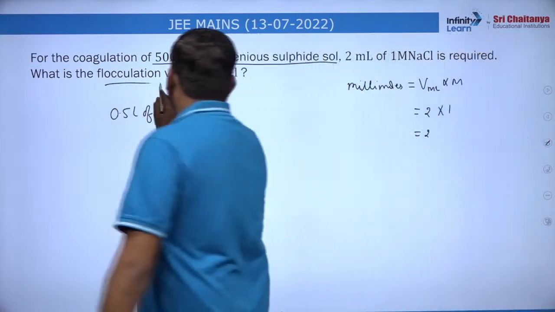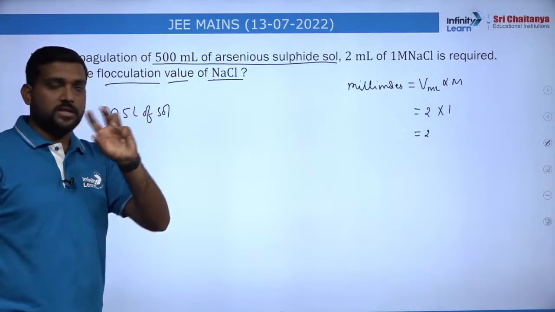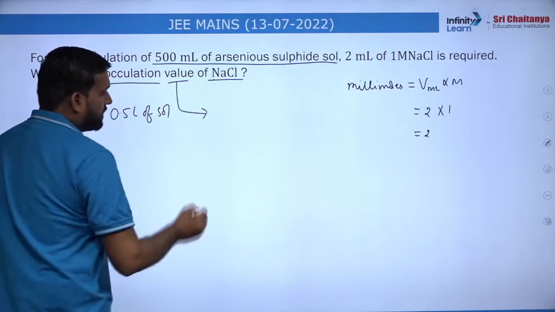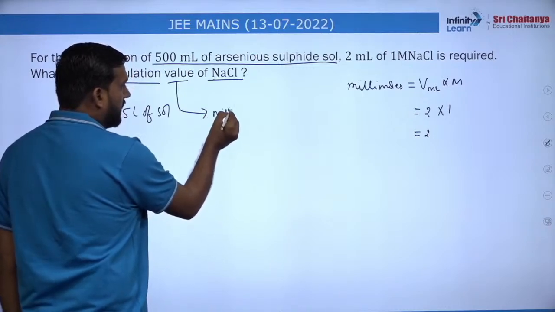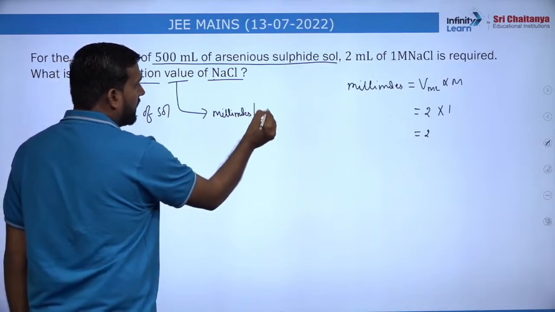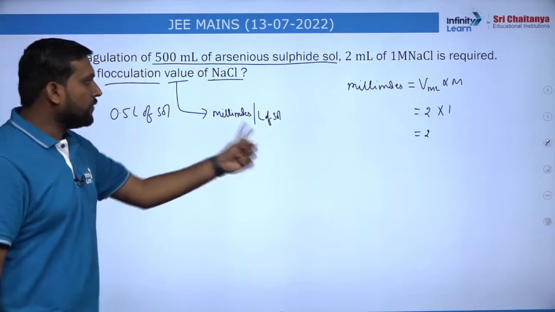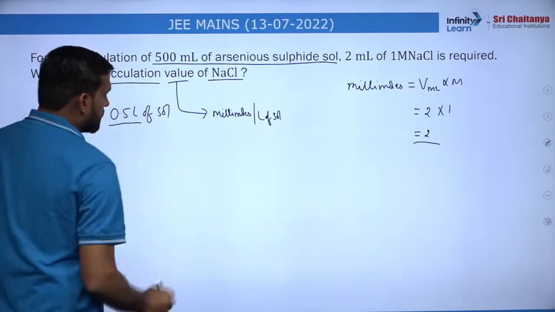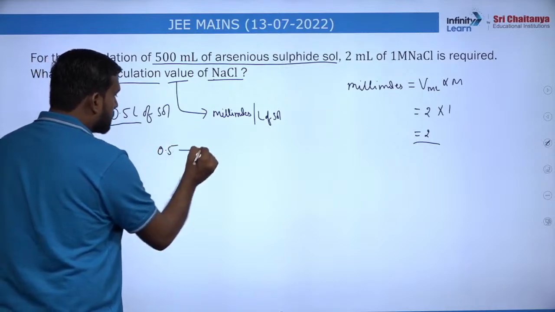What is the flocculation value of NaCl? How we define the flocculation value is the major thing in this question, and it is defined by the millimoles of the coagulating or flocculating reagent required per liter of sol. Now from here, 0.5 liter requires 2 millimoles.